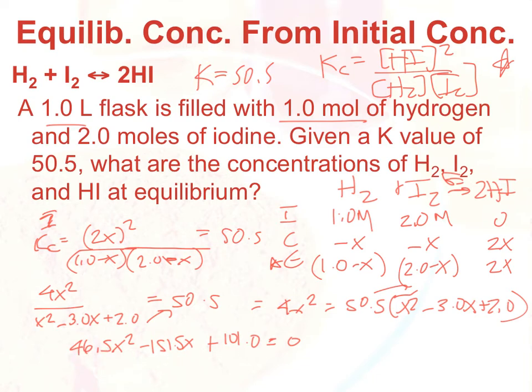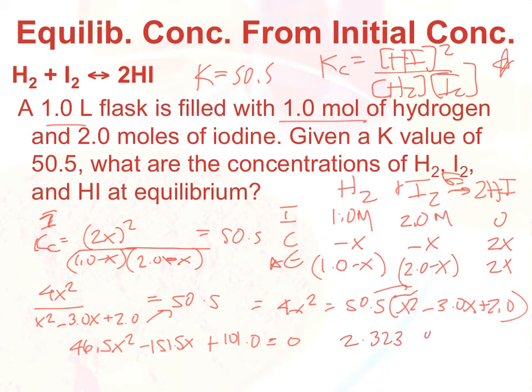Plug them into the appropriate equation. When you solve it using the quadratic equation, you're going to get two answers. You're always going to get 2 because of the plus or minus portion on your quadratic. So you'll get two answers.